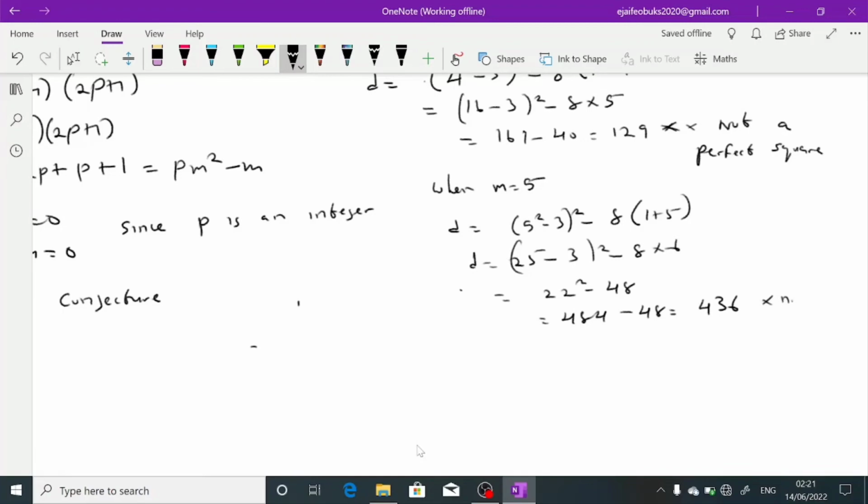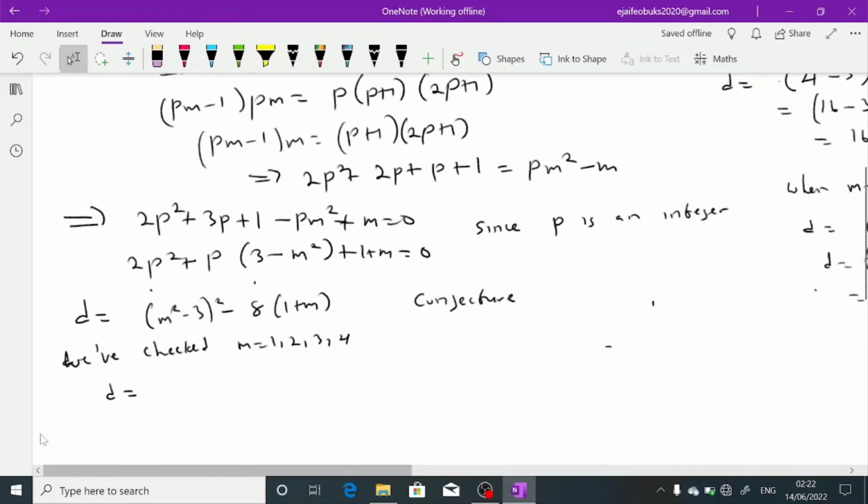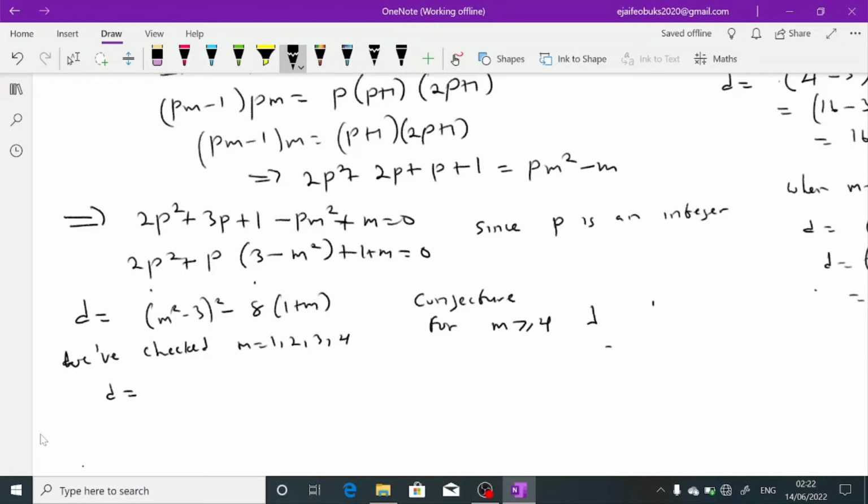Not a perfect square either. You can check this. So I'm feeling that for m greater than or equal to 4, we might have no solution. Let's just try and see that. So for m greater than or equal to 4, d is not a perfect square.